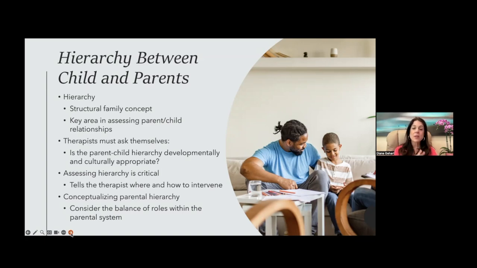This is a really nuanced conversation, a nuanced art, and it can be really, really challenging with certain families, certainly with cultural and religious norms. The key is to keep the dialogue open and keep trying different things until we can figure out how to define that hierarchy in a way that works for all members of the family in a healthy way.